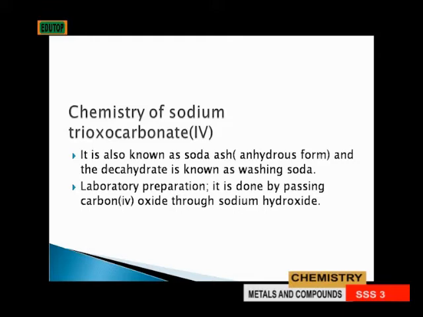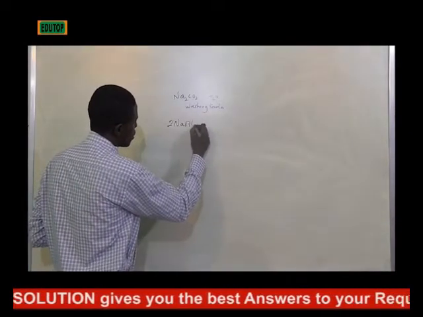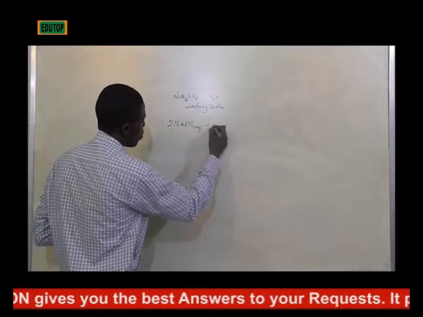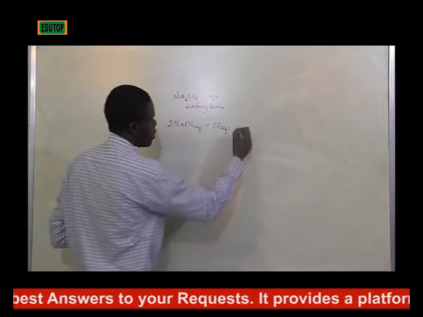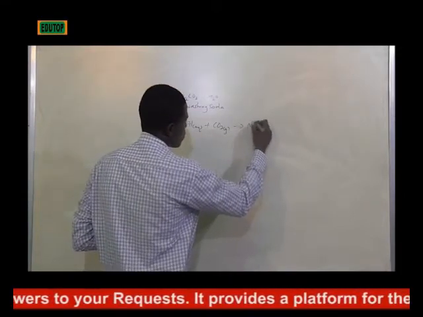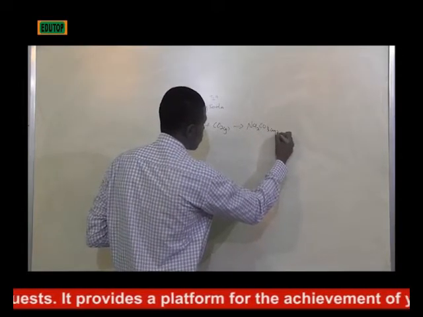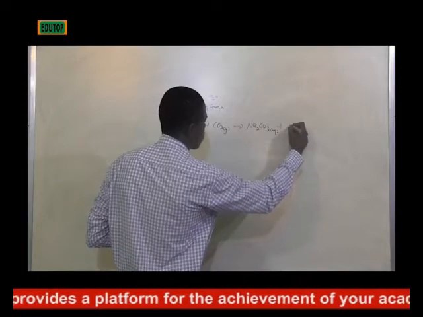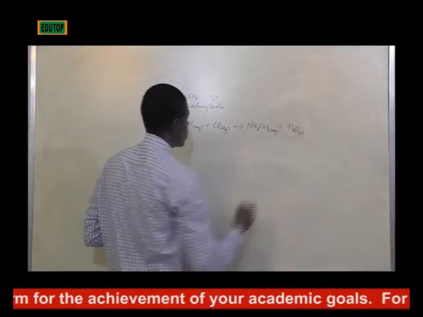It is done by passing carbon 4 oxide through sodium hydroxide. 2 moles of sodium hydroxide aqueous plus CO2 gas, then you have sodium trioxocarbonate 4 aqueous plus water liquid.